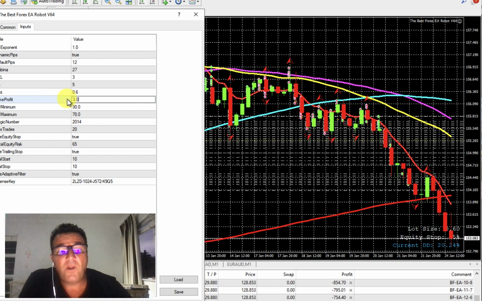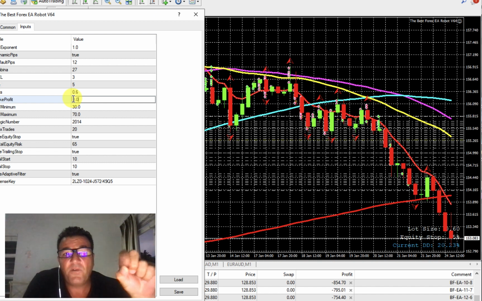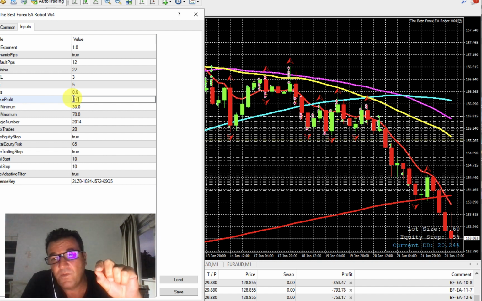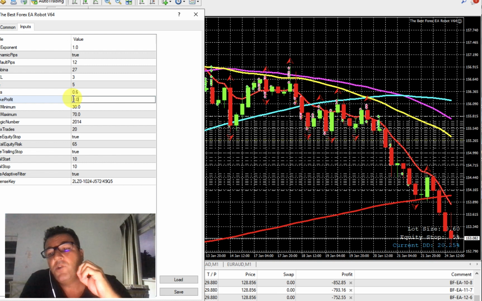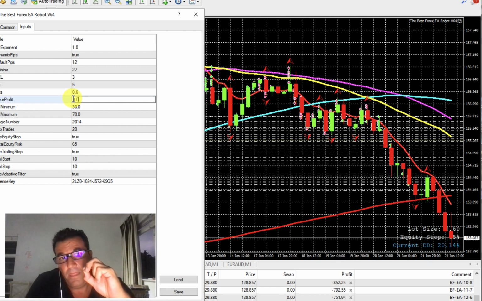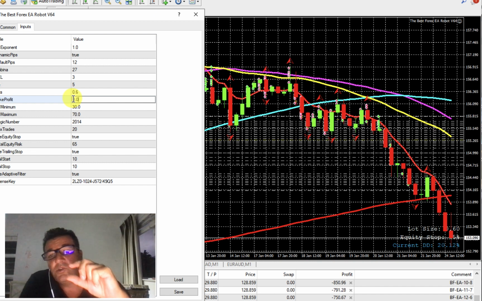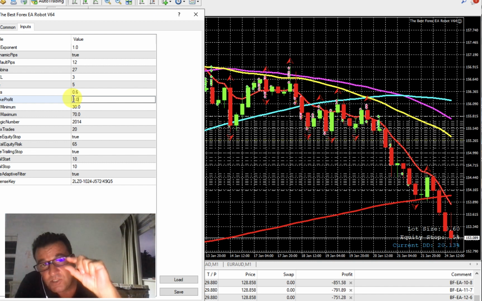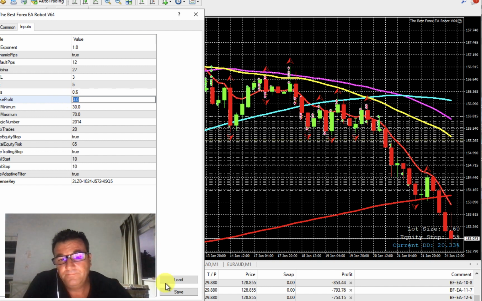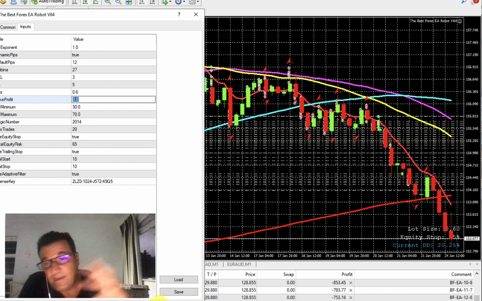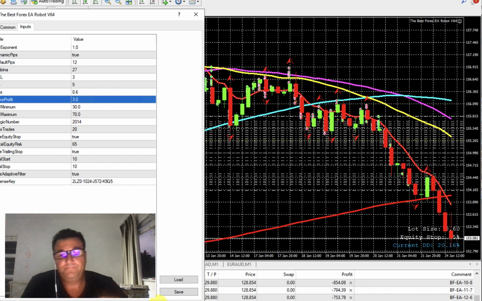So take profit at 5 means that you make more profit on the sequence. Take profit of 3 means you'll make less of a profit than a 5. And a take profit of 1 will mean that you make less than 3, obviously. But we don't know what the math is. So if you want your take profit to be even closer to the candle, change your take profit to a 1. Then you're in and out of that trade very quickly.